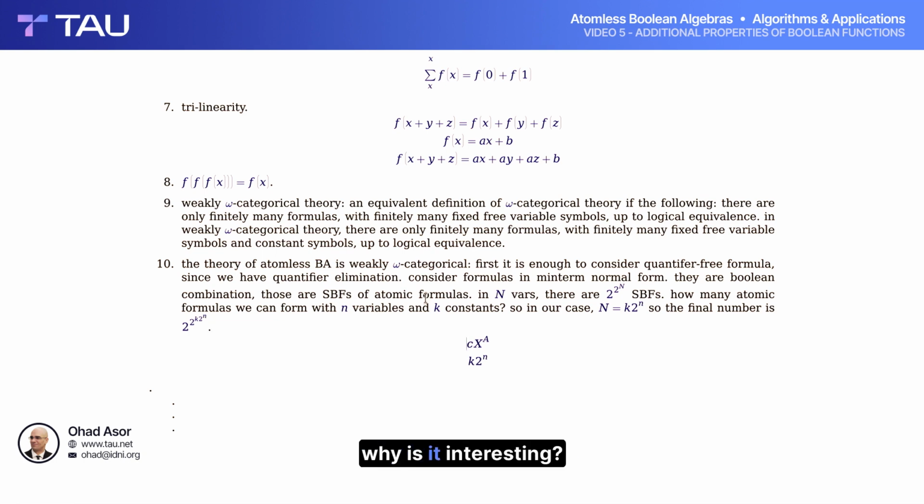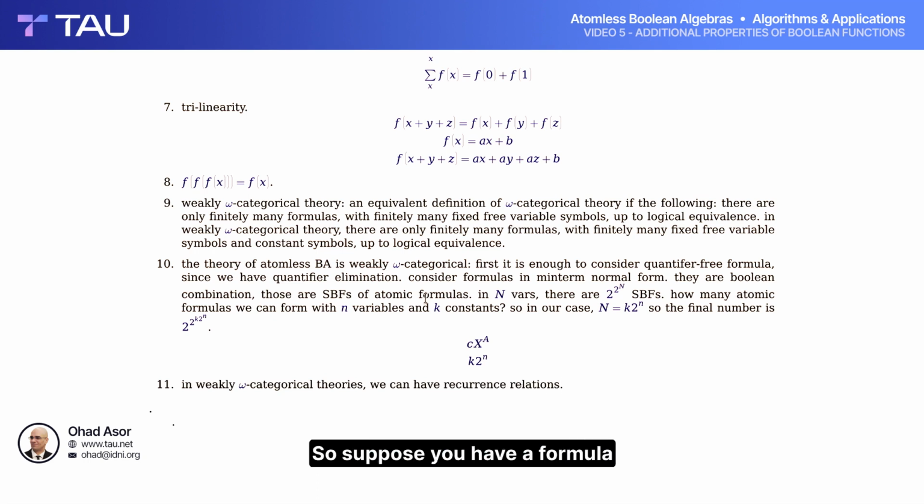Now, why is it interesting? Because in weakly omega categorical theories, we can have recurrence relations. So suppose you have a formula defined by recurrence relation. Let's say it has a free variable, and let's say it is exists y such that here I use the recurrence relation, I use the n-1, and let's say I conjunct it with another given formula.